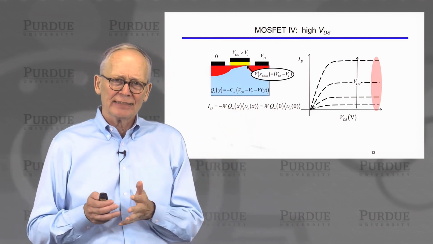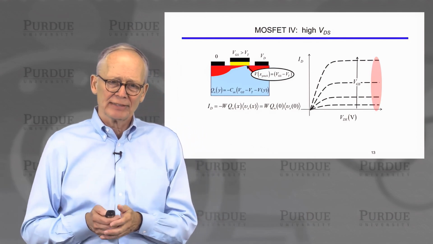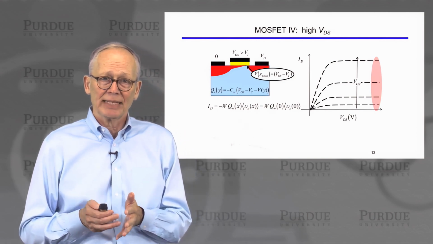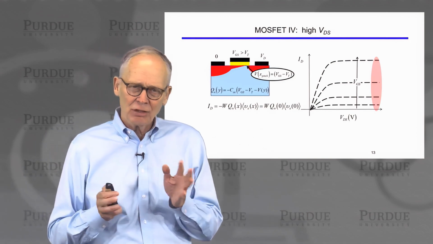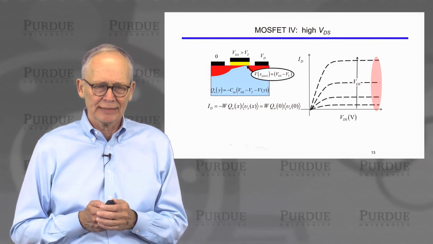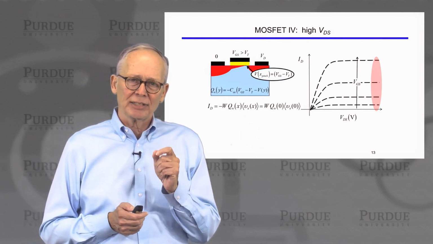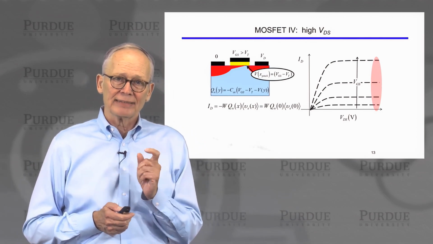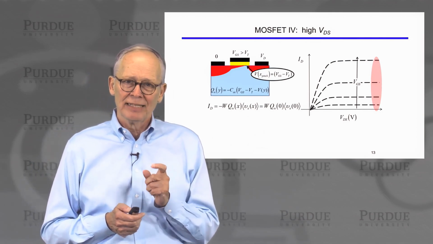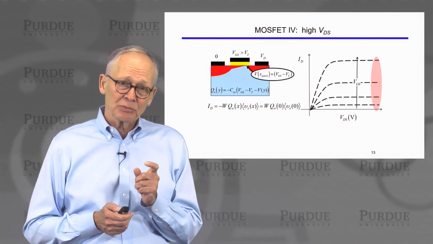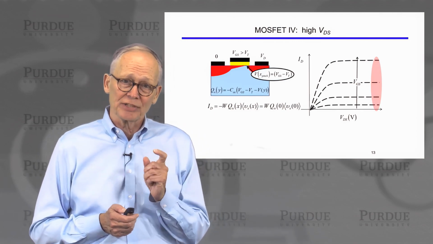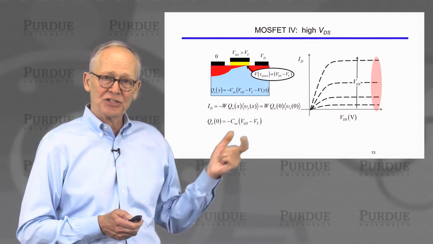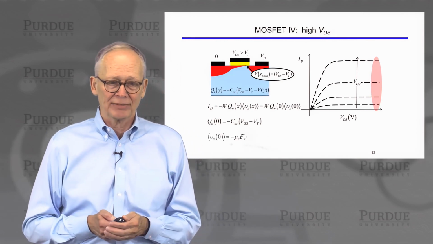Since the charge varies everywhere and the potential varies everywhere, but the current is the same everywhere, it has to be continuous, as long as there's no recombination generation going on. So we might as well pick a location that makes it easiest for us to compute the current. The location that we will pick is x equals 0 at the beginning of the channel at the virtual source. The reason we're going to pick that is because we know the charge at that point. The charge at that point is just minus Cox times (Vg minus Vt). Okay, that makes life easy.